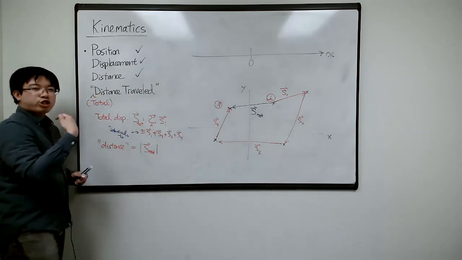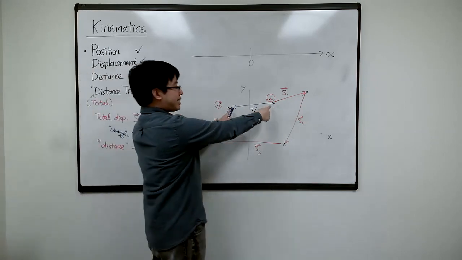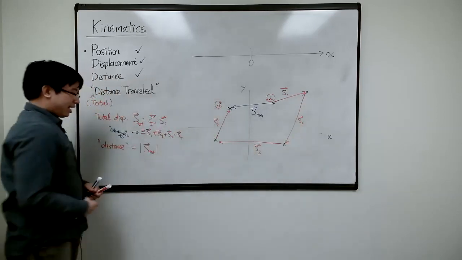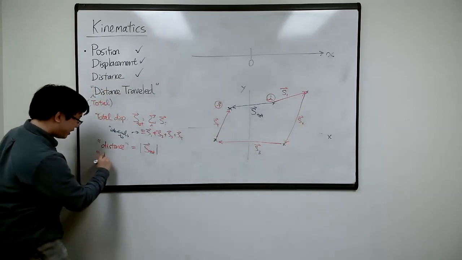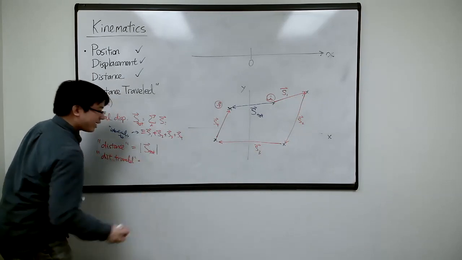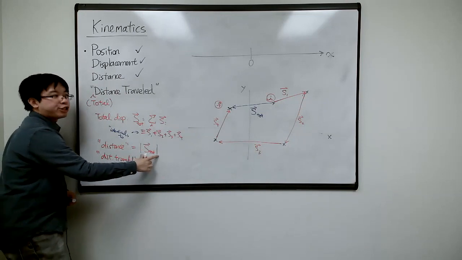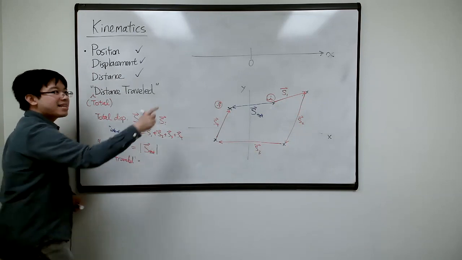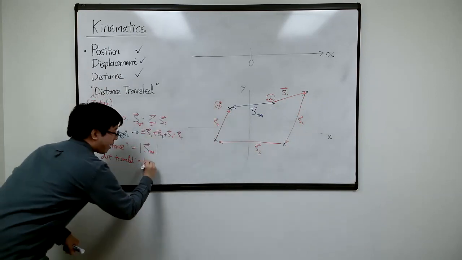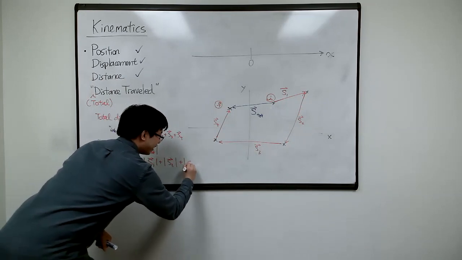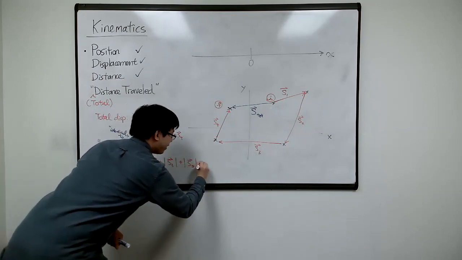However, the distance traveled, you see, is not this. The distance traveled is this. So now you see the distance traveled is not the magnitude of S total, not the length of S total, but the length of individually adding them up.